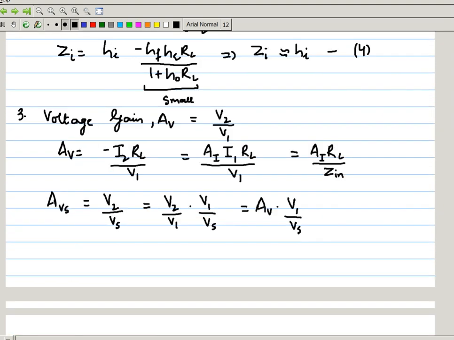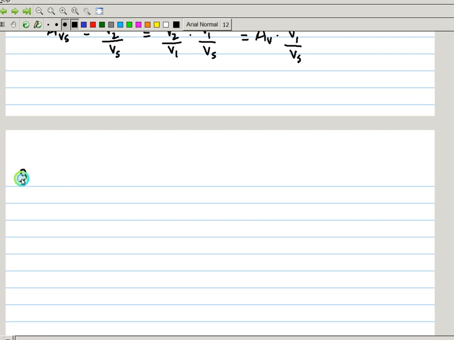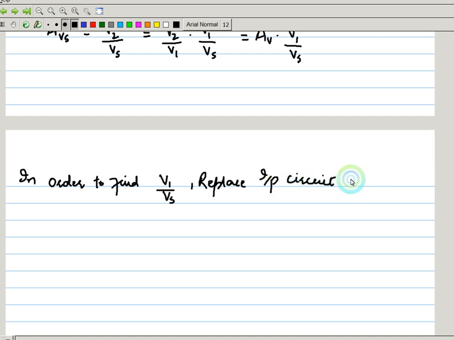So in order to find V1 by Vs, replace the input circuit with its Thevenin equivalent circuit.